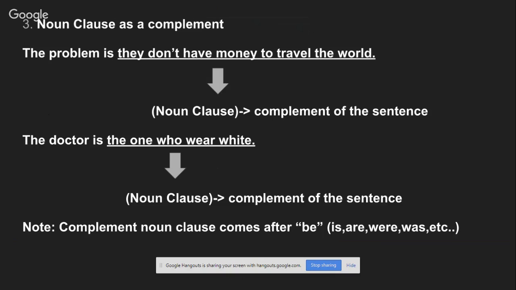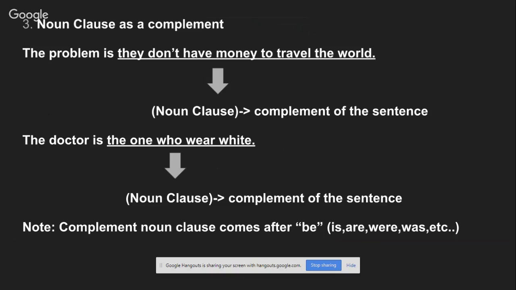Be contains is, are, were, was, am. So if you find that be in the sentence, then after that be is a noun clause. It means that the noun clause functions as a complement.